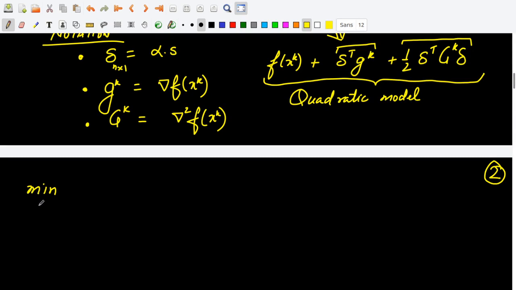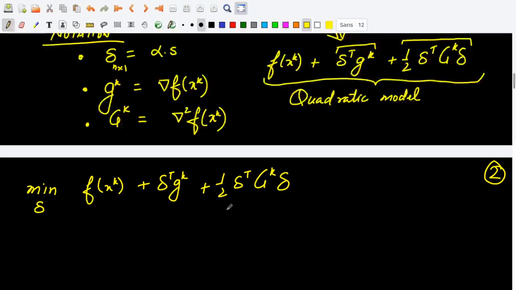Minimize over all possible delta f(x_k) plus delta transpose g_k plus half delta transpose G_k delta.